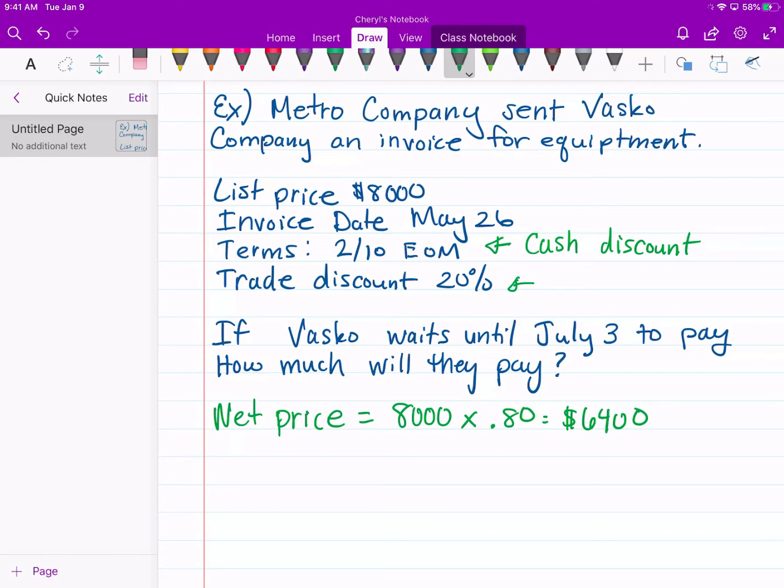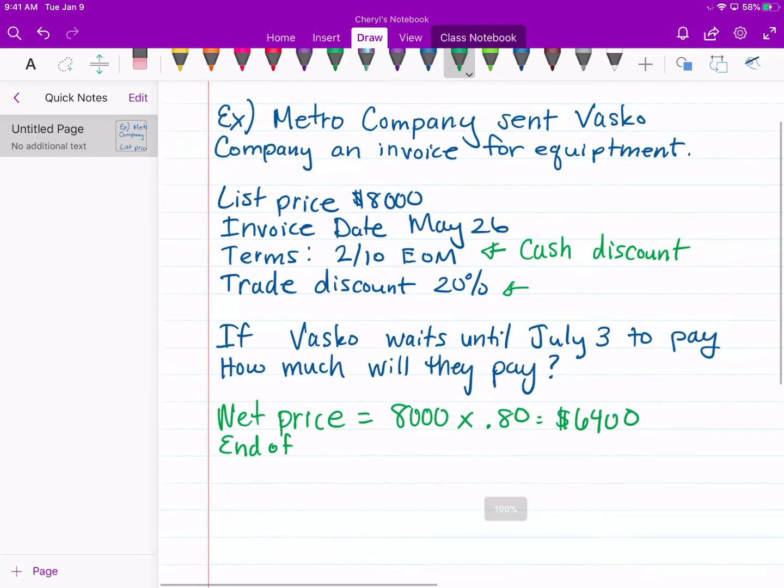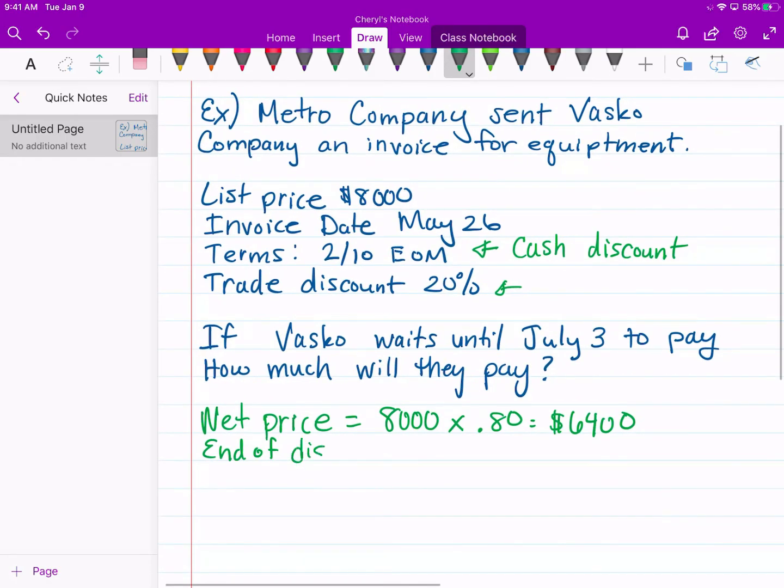In this case, because we're using the end of month rules and our invoice is May 26th, which is after the 25th, the end of the discount period is going to be July 10th, because we go 2 months out from May, so that's June, July, and then the 10th day. That's the last day they can get that extra cash discount.